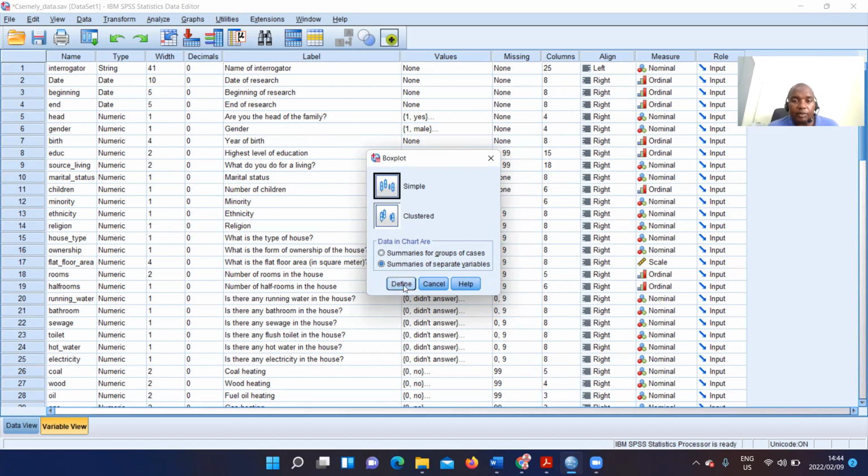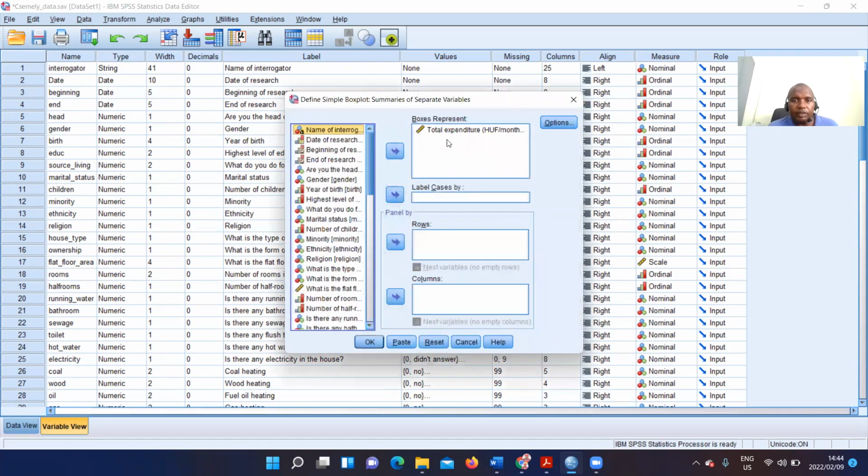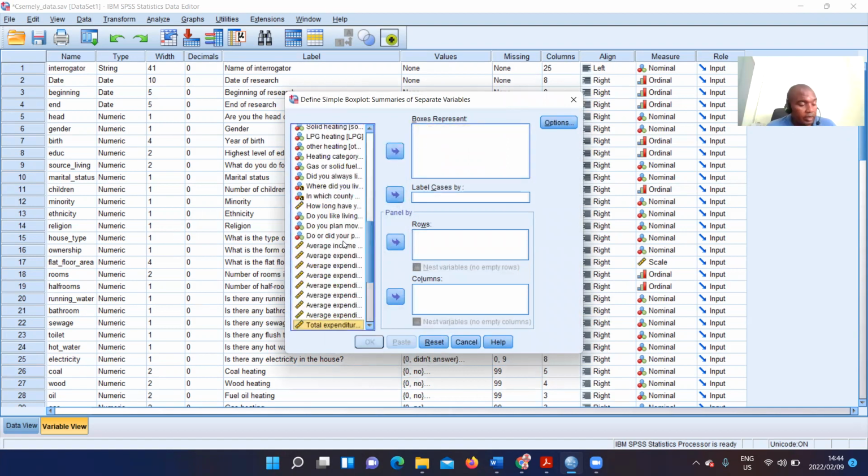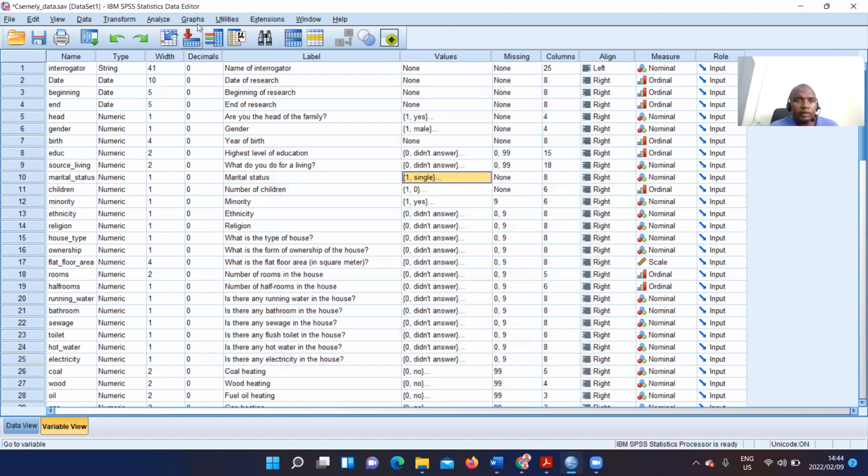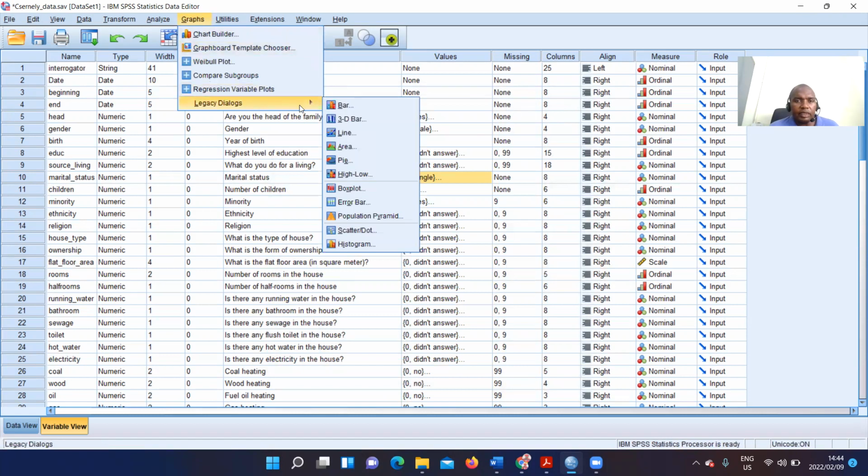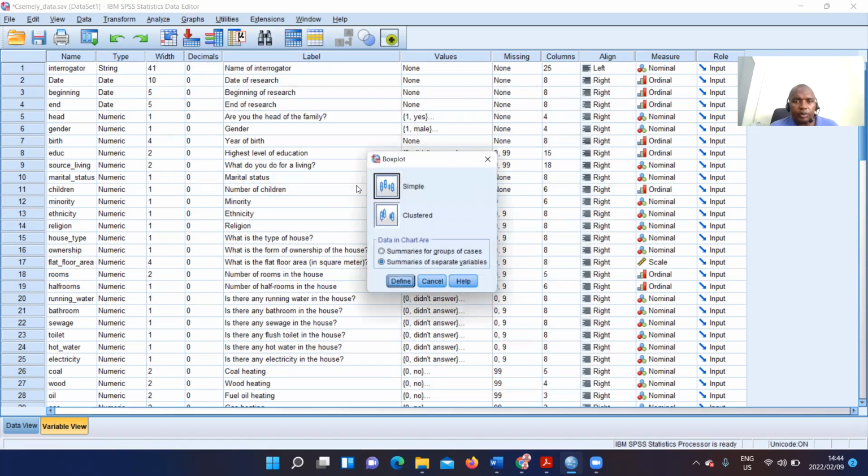We just experiment with that for the time being. We take that out. In fact, I wasn't supposed to take that out. And then we need to choose the clustered box plot. It's graphs, legacy dialogues, box plot, clustered.